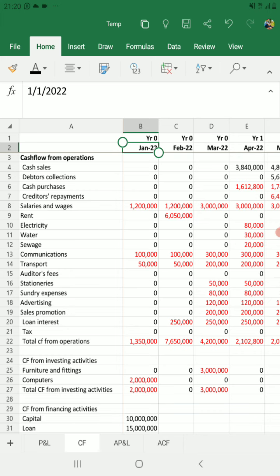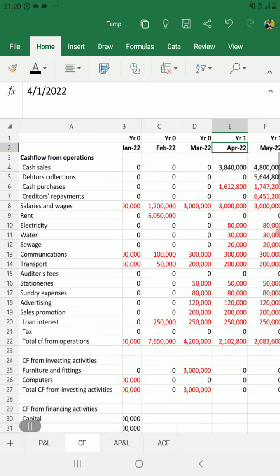That's why we also used the weighted average cost of capital, which was an annual rate, okay. So year 0 was this period from January to March, okay. And after year 0, year 1 started from April and ended at March, okay.